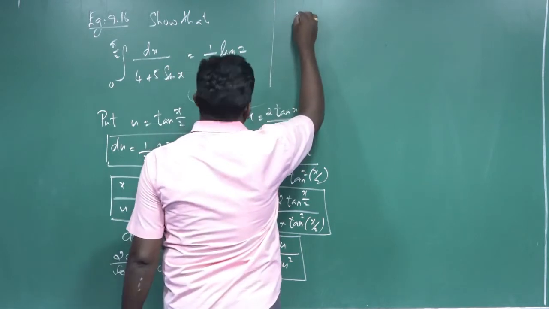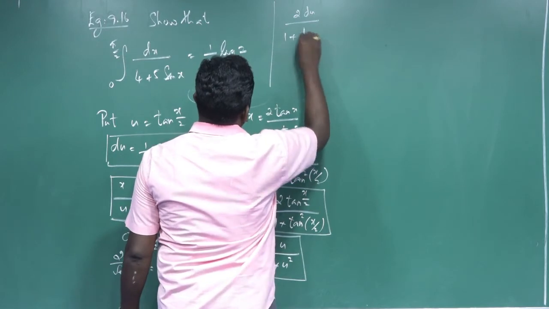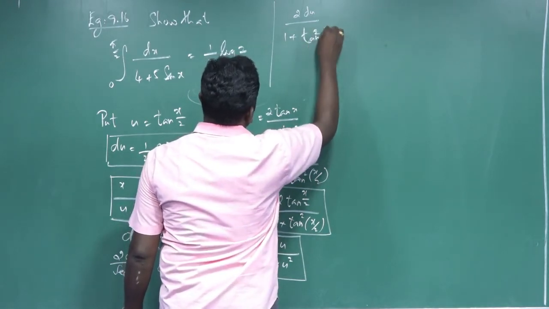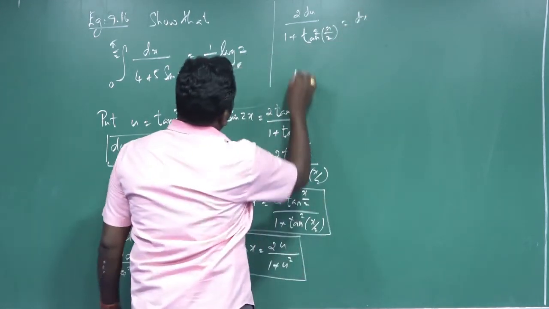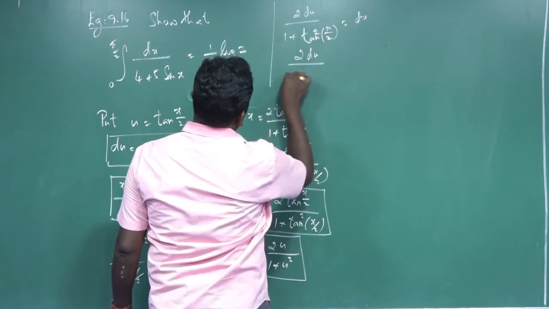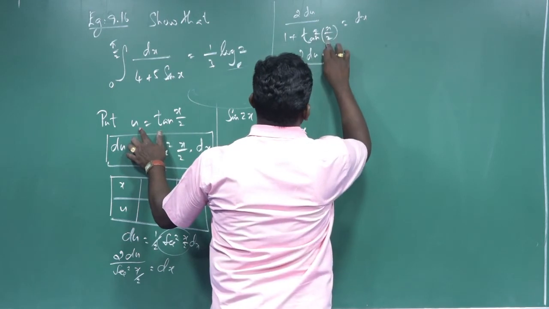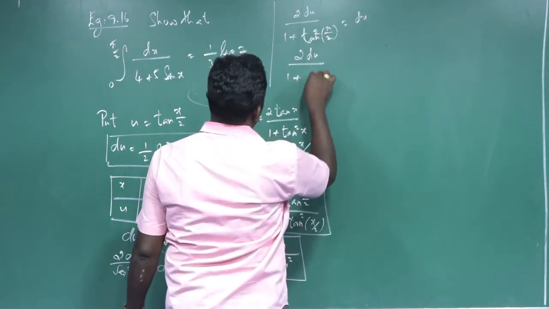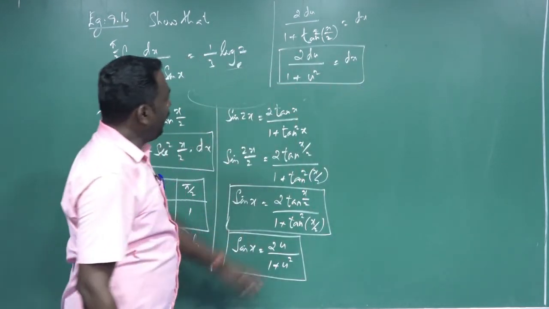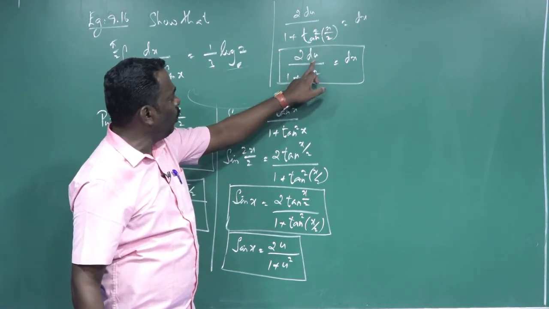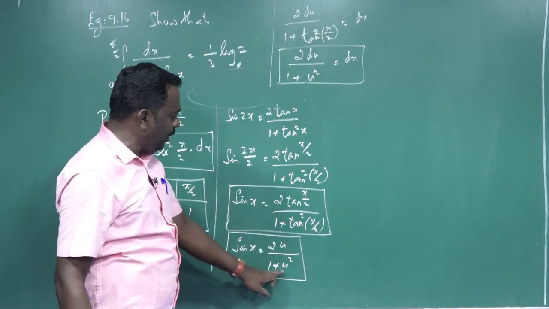Therefore 2 times du by 1 plus tan square x by 2 is equal to dx. Since tan x by 2 equals u, dx equals 2 times du by 1 plus u square. And sin x equals 2 times u by 1 plus u square.